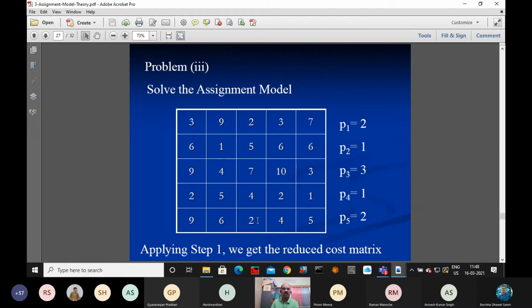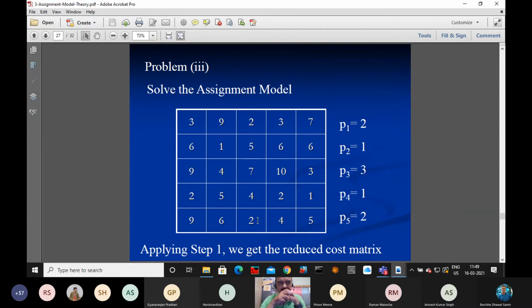Now another problem, we have a similar problem. This problem says there are 5 rows and 5 columns, and we are going to apply the assignment rules to assign the workers to the jobs. Does anybody have any problem in the solution procedure?